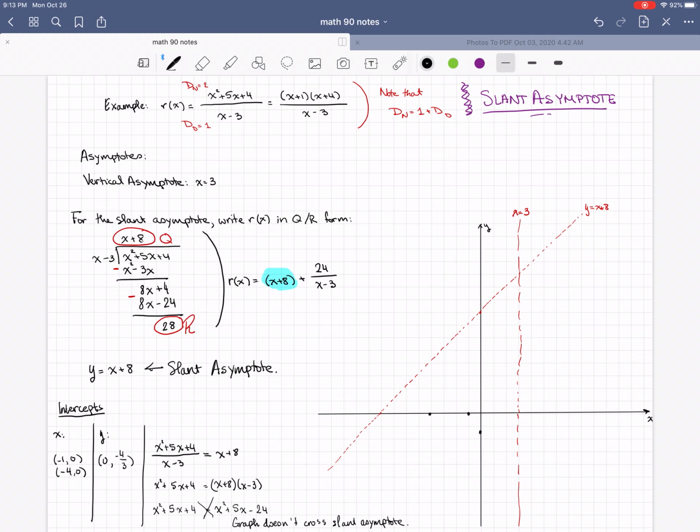Okay, last thing, let's build a sign chart. So remember, the sign chart is largely constructed by the time you've come here. Your critical numbers are going to come from your vertical asymptotes and your x-intercepts. So in our case, those are -4, -1, and 3.